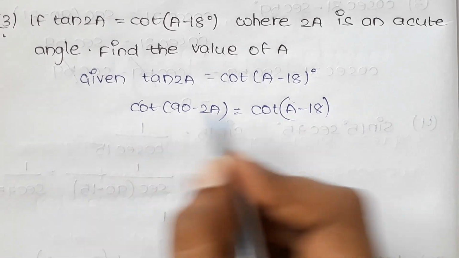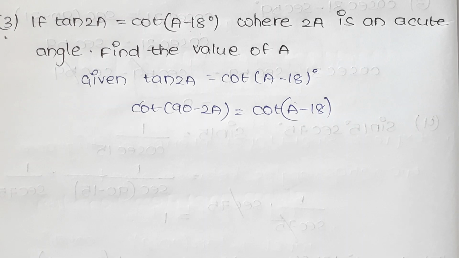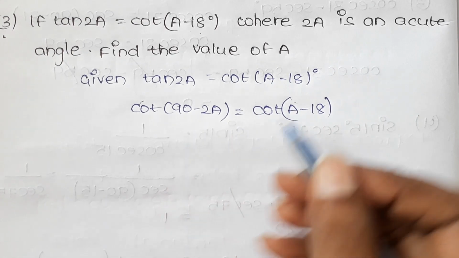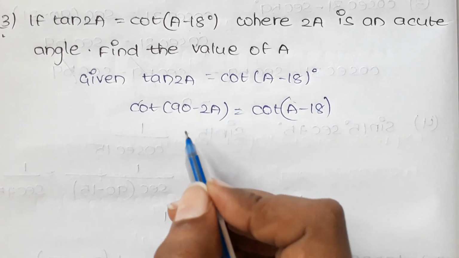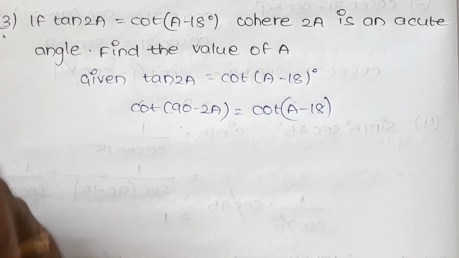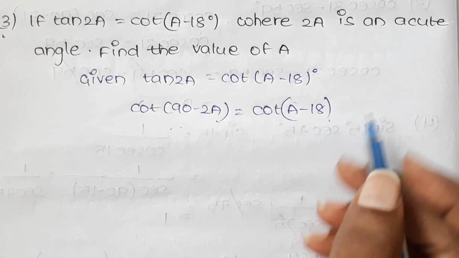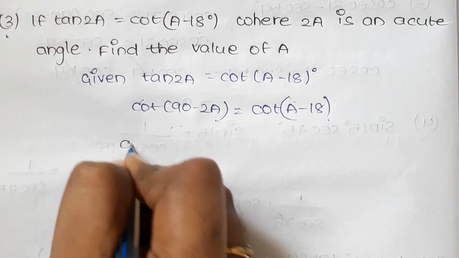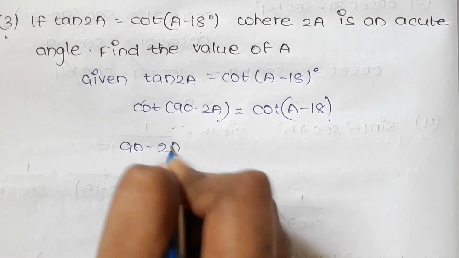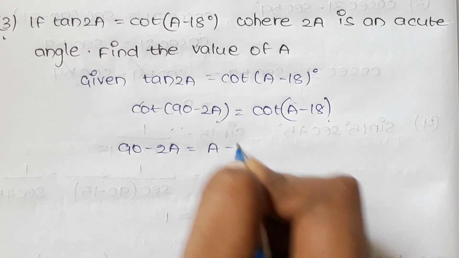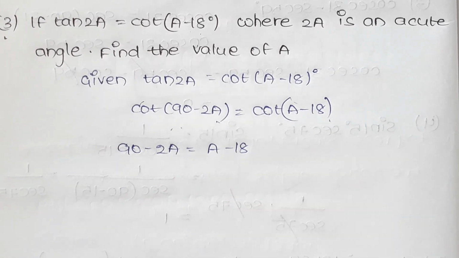Here these both are having cot, and given that both are acute angles, so these both are equal, that is cot of 90 minus 2a is equal to cot of a minus 18. Now we get 90 minus 2a equals a minus 18, because both are acute angles here.